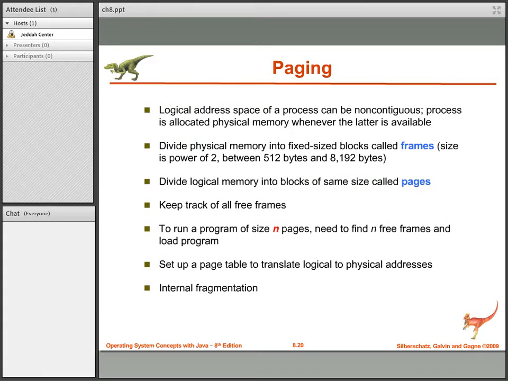Now, we said that we have certain cases arising because the spaces are not contiguous. The logical address space of a process can be non-contiguous. So what do we do in this case?